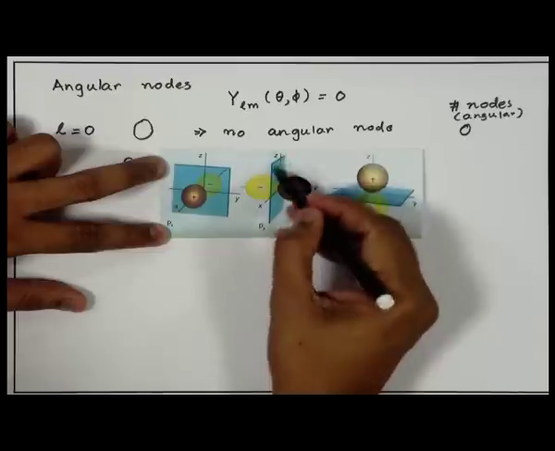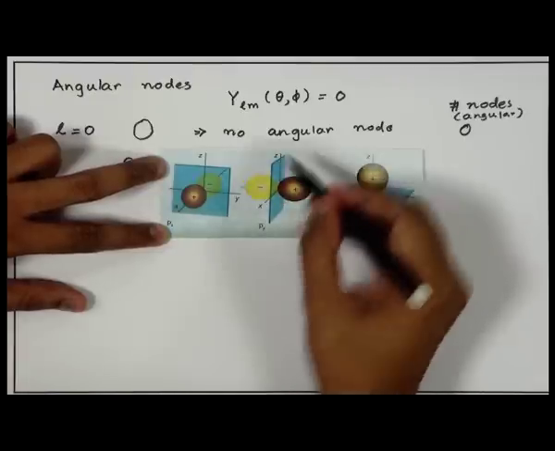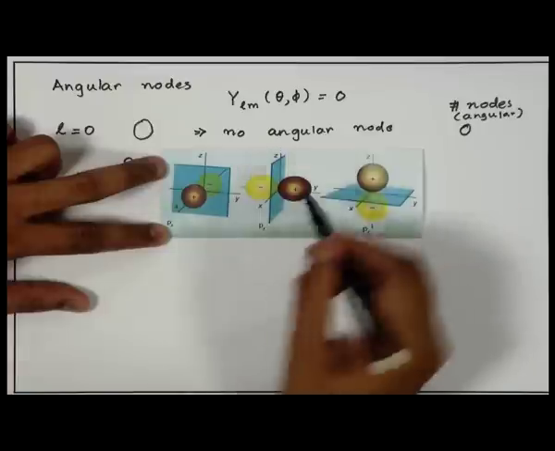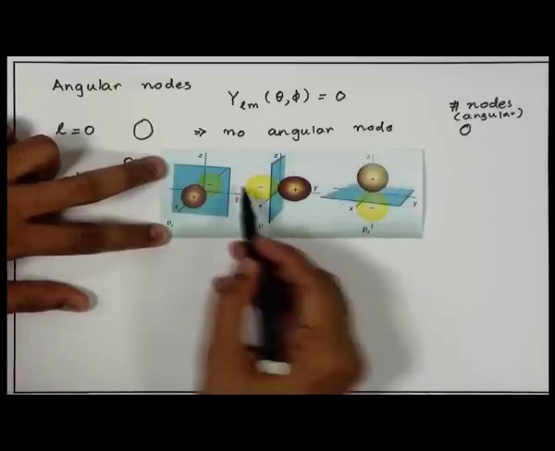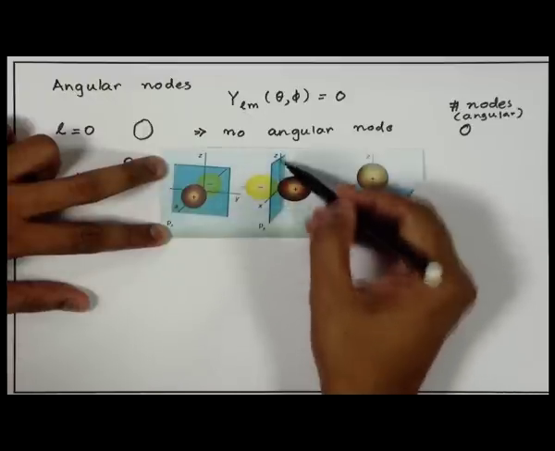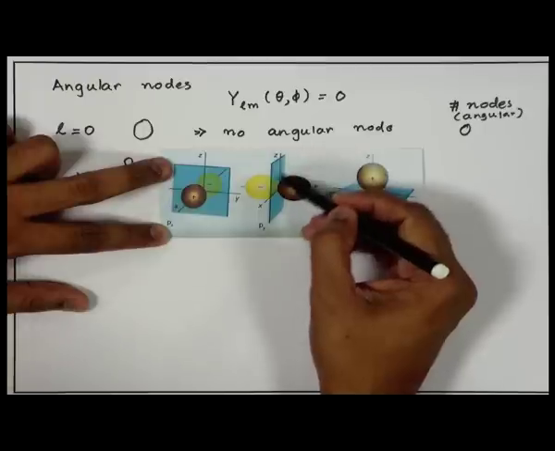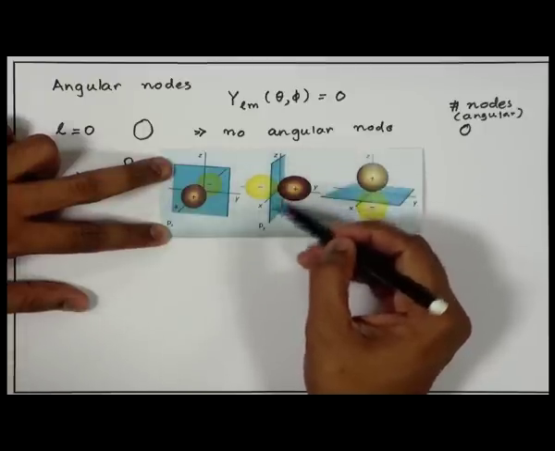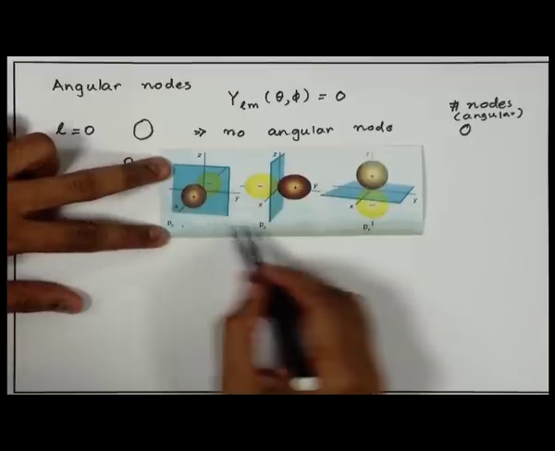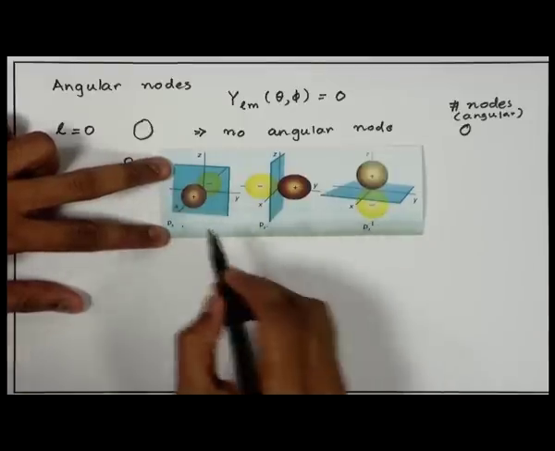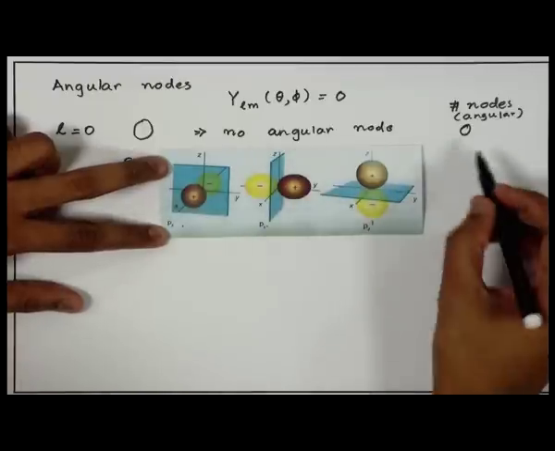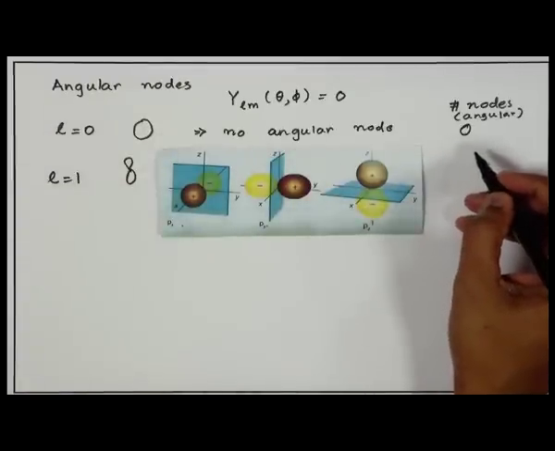That means on this plane that is highlighted here, you have no chance of finding the electron. The electron can either be on this side or this side, but not along this plane. So, this is called a nodal plane. This plane is coming because the orbital has a particular shape. With px, py, pz, they all have one nodal plane each, and that is coming because the angular component is 0.